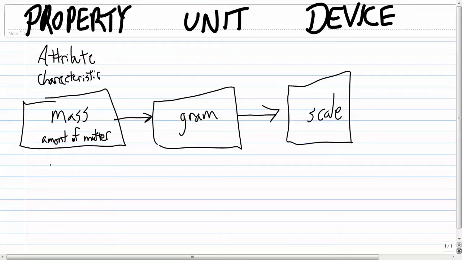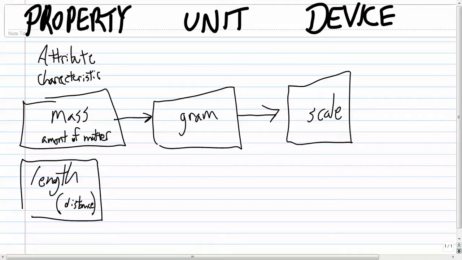Another property is length. And length can be thought of as a distance. How long a desk is, something like that. So if you want to measure that property, the metric unit that we use is the meter.